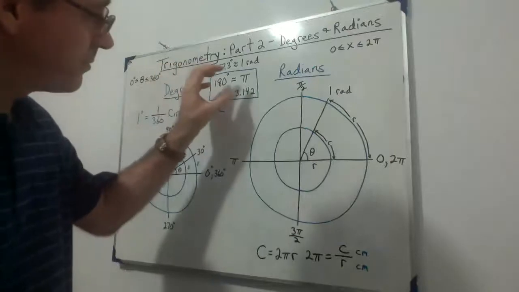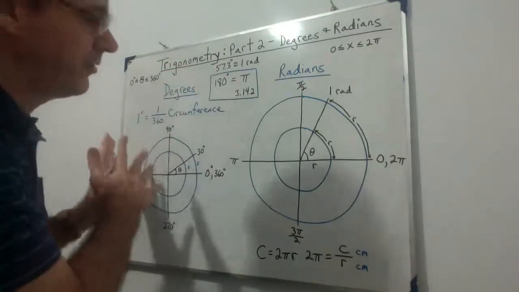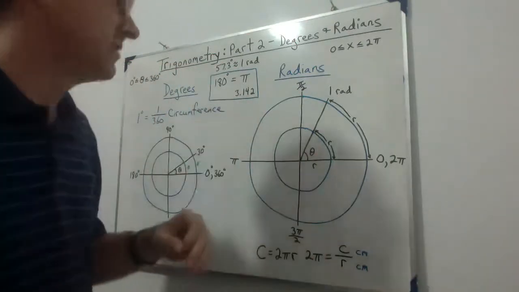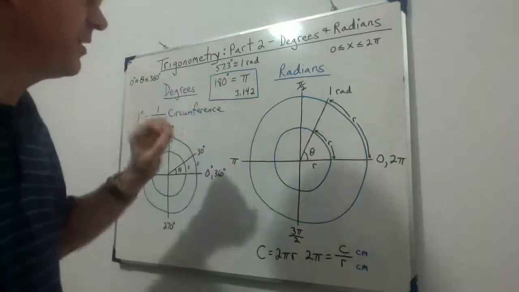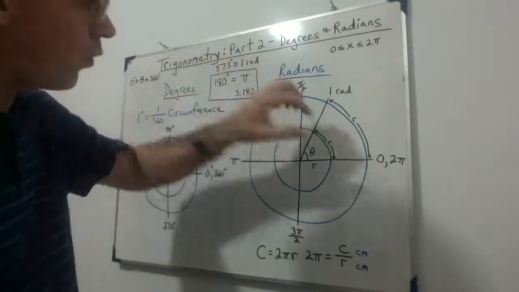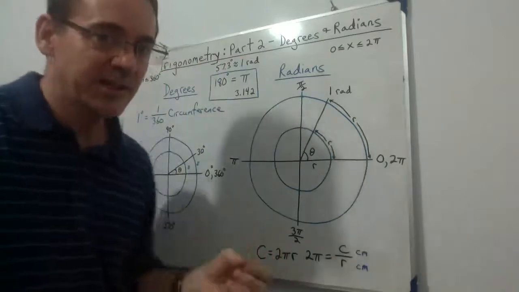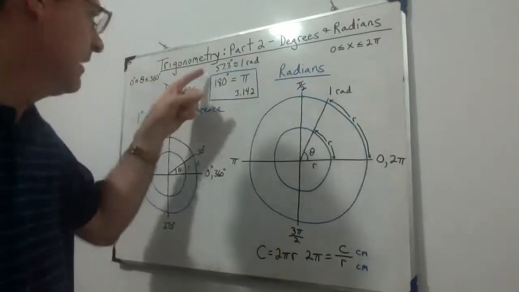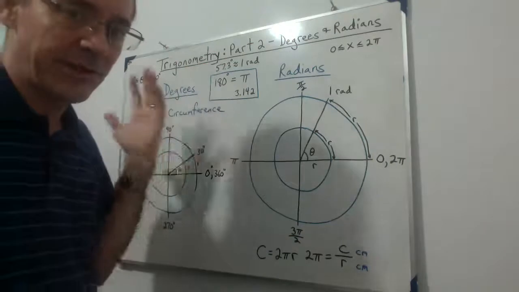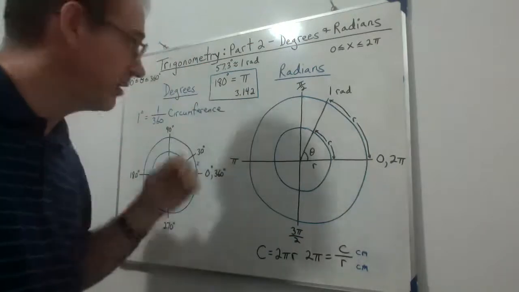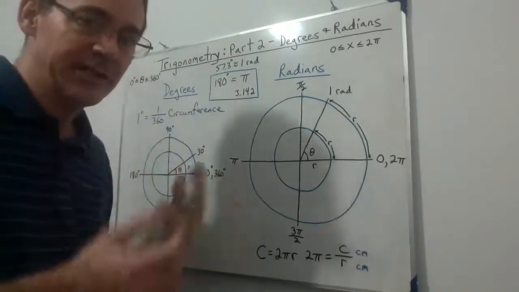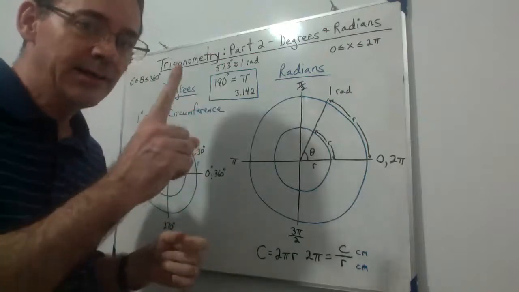So this is the bridge from the degree system into the radian system. So if you use this bridge, you can calculate that 1 radian actually comes out to approximately 57.3. So again, this is the 3 significant figures. And Cambridge, when you're dealing with degrees, you want to go to 1 decimal point.